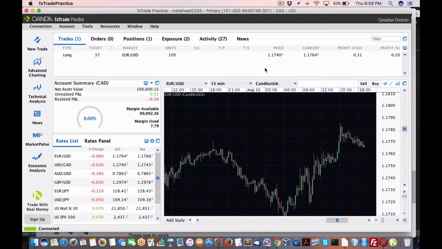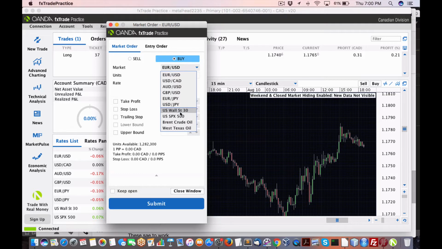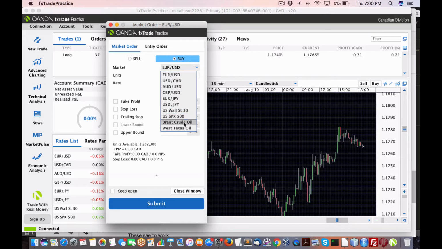Okay, so the question I had for people that may be new or that are experienced with any of these brokers, I've always been curious about all these little assets here. We know about the forex, but when you start looking at assets outside of forex, Wall Street 30, SPX 500, Brent crude, West oil, the question is, who owns that?